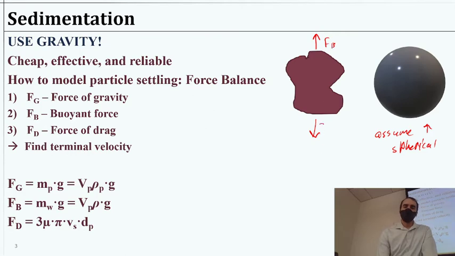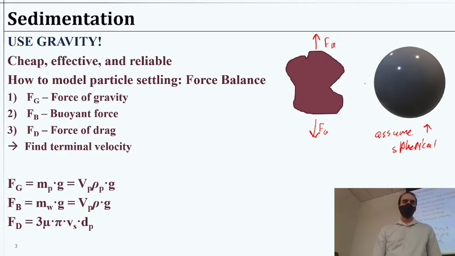The buoyant force is essentially going to be related to the volume of water it occupies and then the mass of the water it's displacing. So whatever mass of water that particle is displacing is going to act on it with an upward force. So it's kind of like the gravity of the water it's displacing going upwards instead.